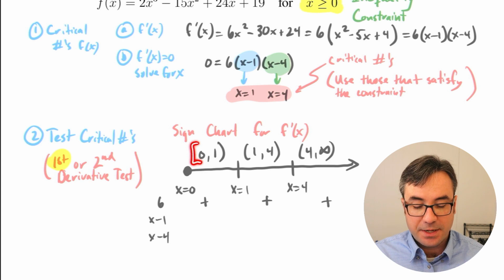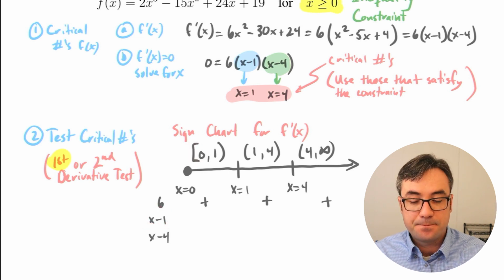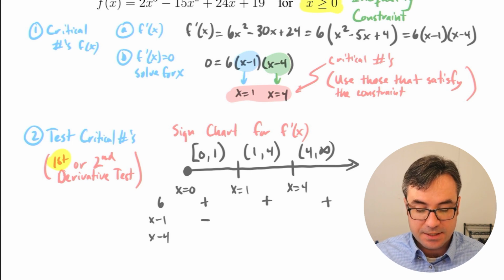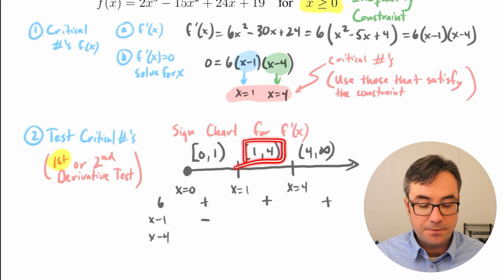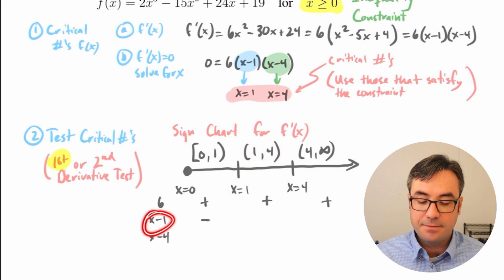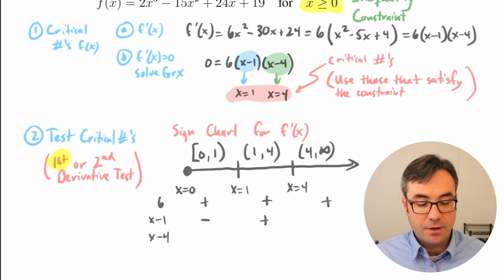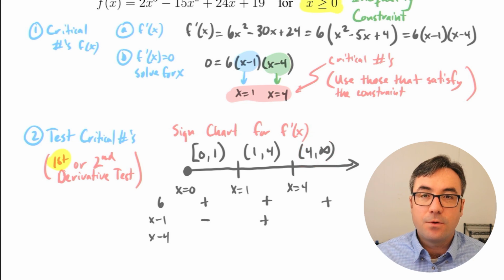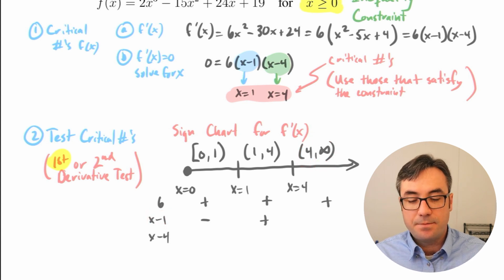So if I were to pick 0 and plug it in, I would get -1. So on this first interval, it's negative. Then if I were to go to the next interval, pick a test number, so maybe like 2, plug it in, I get 2 minus 1, positive. And then go to the last interval, bigger than 4, I could pick 5, plug that in, I get 5 minus 1, positive.